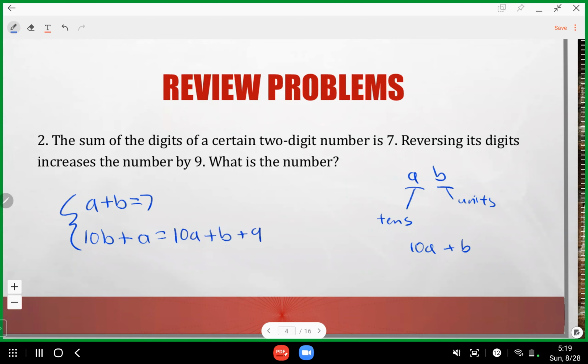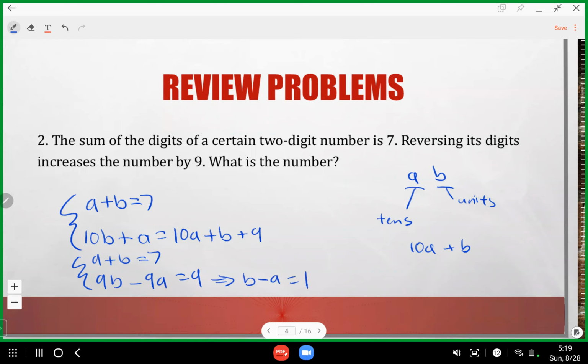After we get that, let's move it to the other side. We get A plus B is equal to 7. Then we get 9B minus 9A is equal to 9, which is just B minus A equal to 1, since we divide everything by 9.